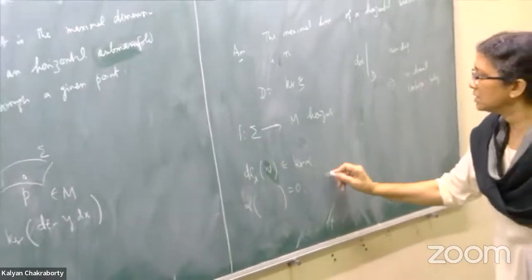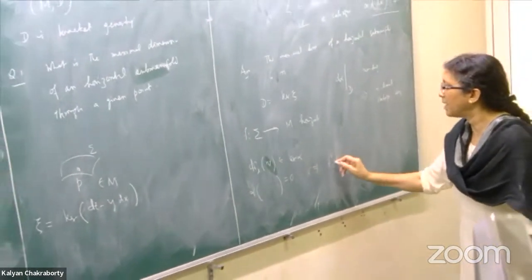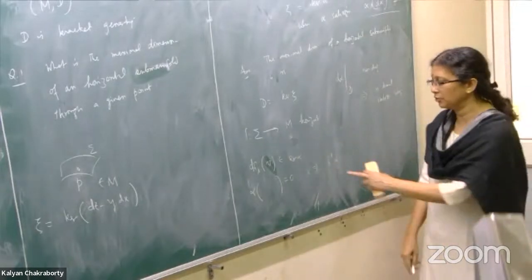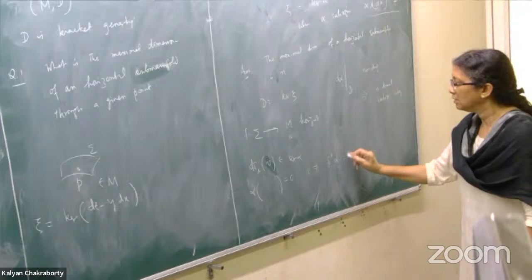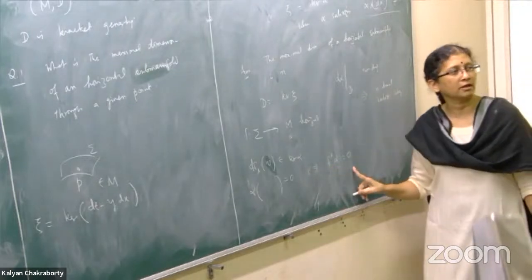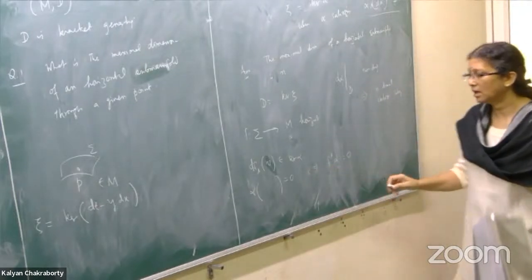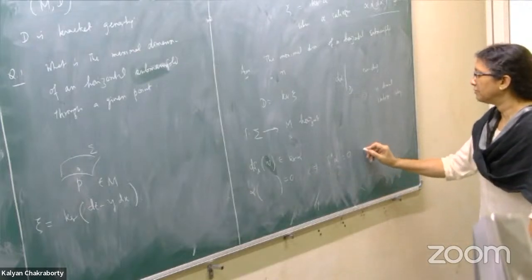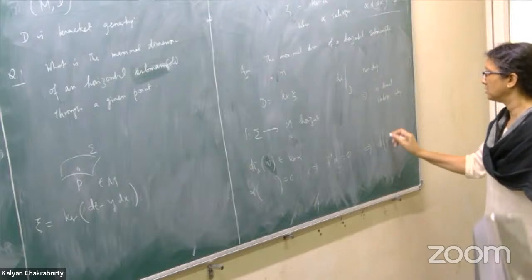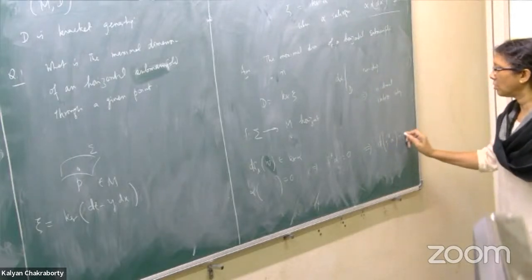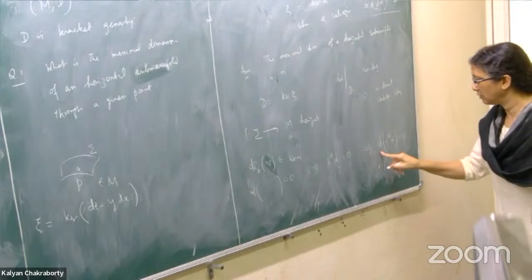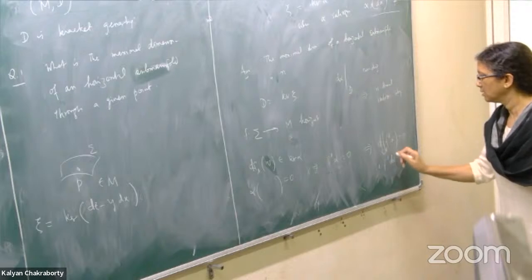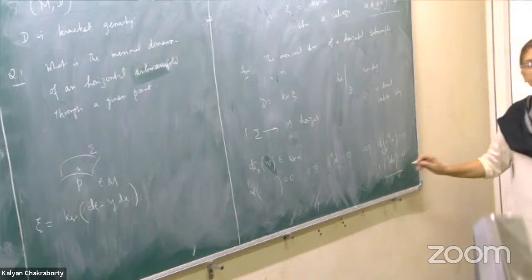So this is equivalent to saying that if I pull back the form alpha by F, then if it is horizontal, F star alpha is 0. And then if you differentiate, this is the exterior derivative, this is also 0. That is, you can interchange this. This is called the isotropic condition.